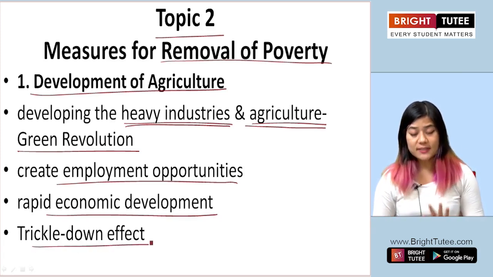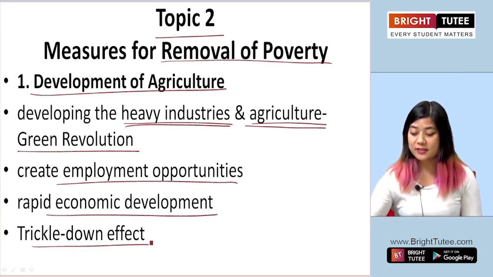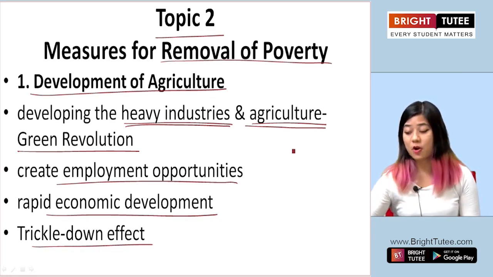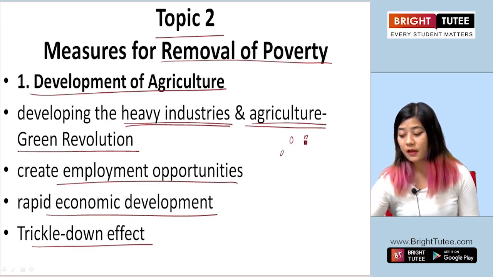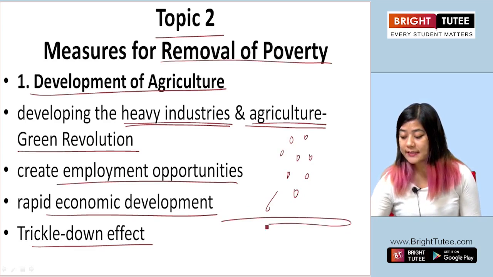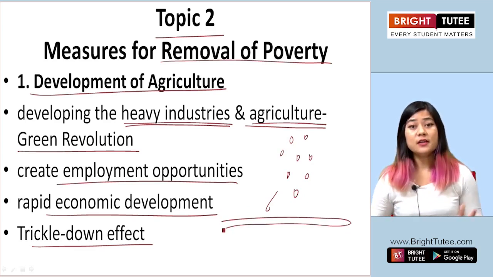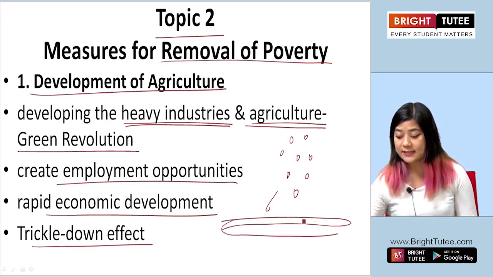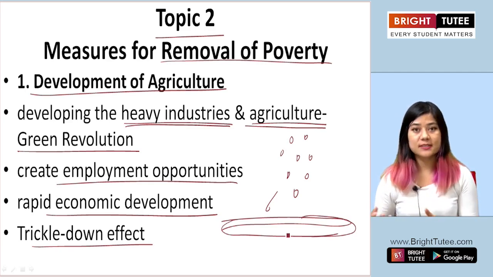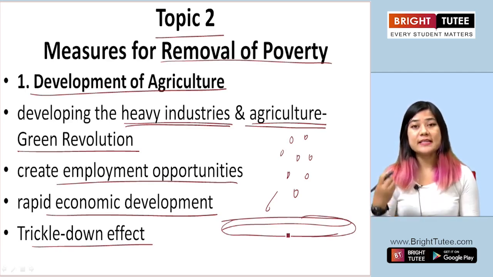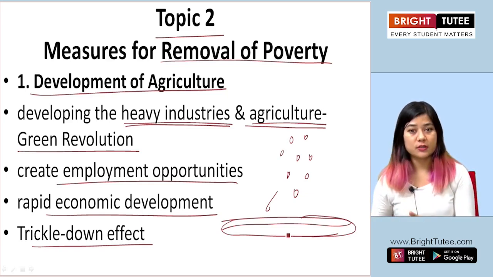Okay, what is trickle down effect is, imagine that just like the drops of rain, how it drops and then it can go into the formation of lakes, ponds or puddles or rivers. So we say that each drop of rain goes on to make the ocean, goes on to make the river, right?